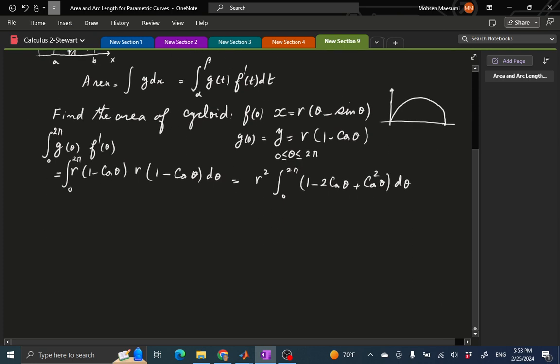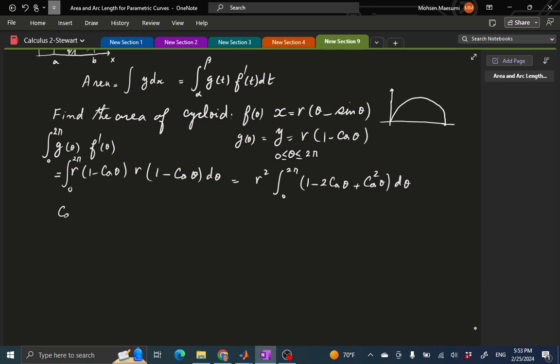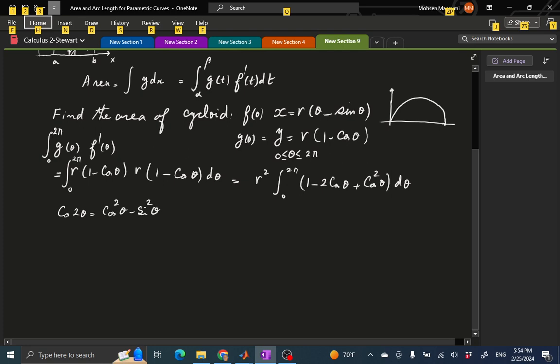Let's remember the identity that cosine of 2 theta was cosine squared of theta minus sine squared of theta, which can be written in two other ways. Let's just practice this.